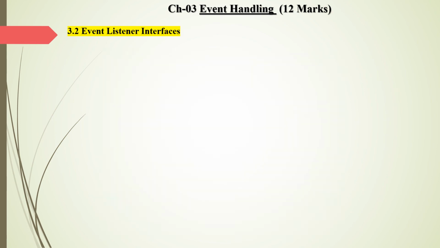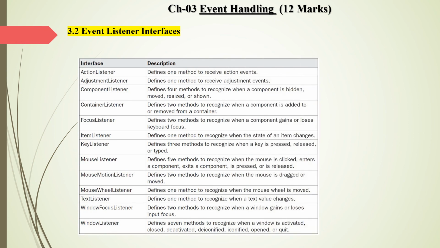Next we see the event listener interfaces. As we see, these all are the listeners. In this we describe the number of methods. First, action listener defines one method to receive an action event. So remember this point: action listener has one method, adjustment listener has one method, component listener has four methods that are hidden: when a component is hidden, moved, resized or shown. Container listener defines two methods, when a component is added and when a component is removed.